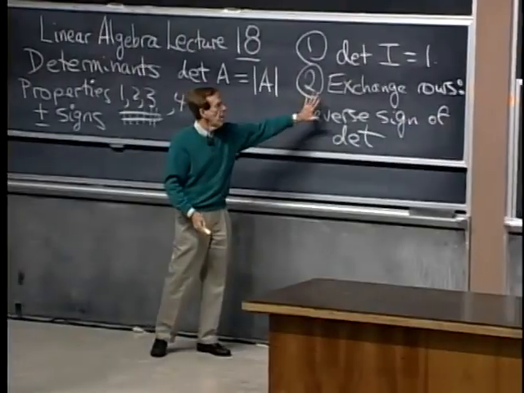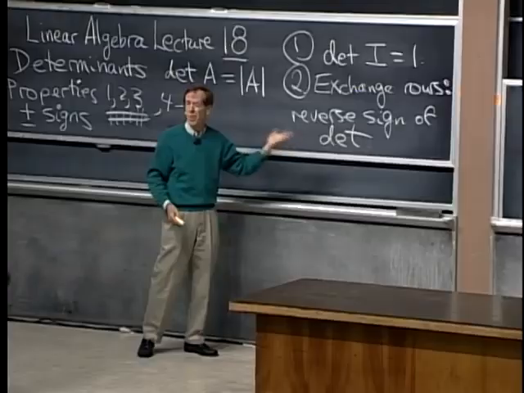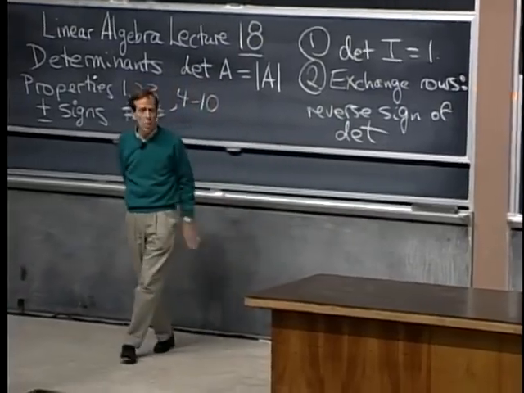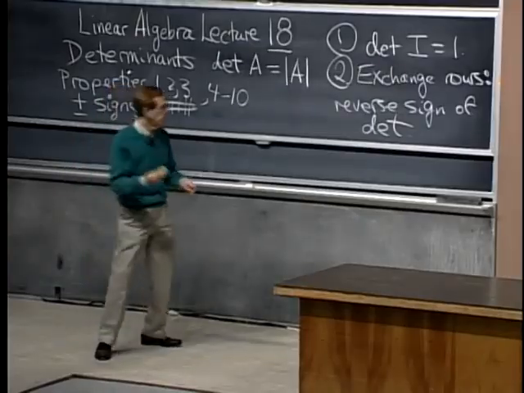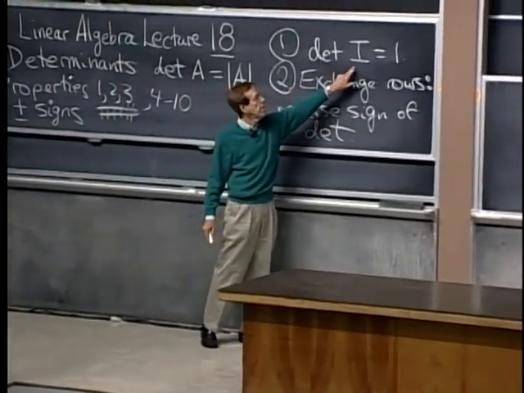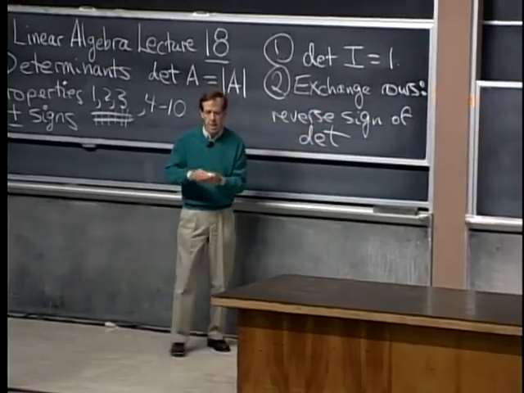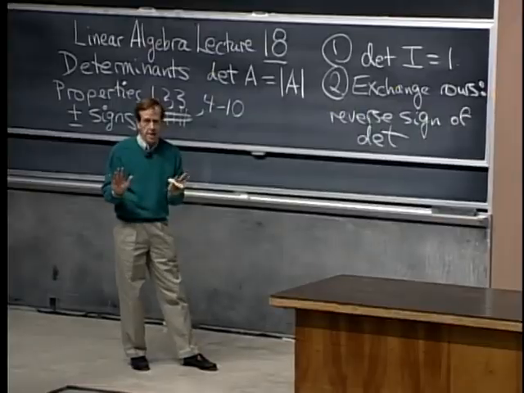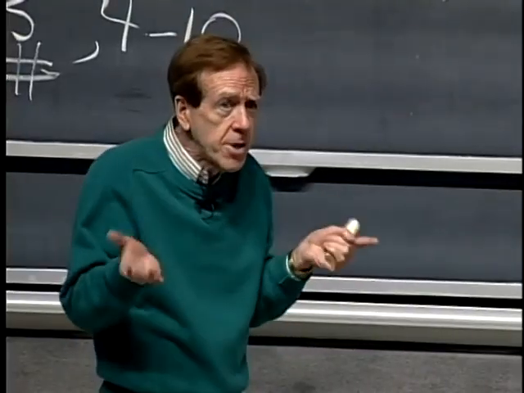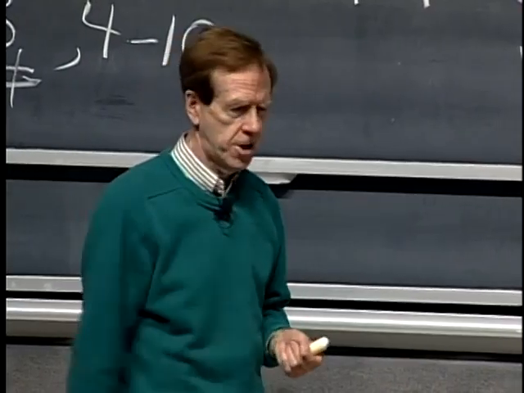And so now, actually, what matrices do we now know the determinant of? From 1 and 2, I certainly know the determinant of the identity matrix, and now I know the determinant of every other matrix that comes from row exchanges from the identity. So what matrices have I got at this point? The permutations, right.